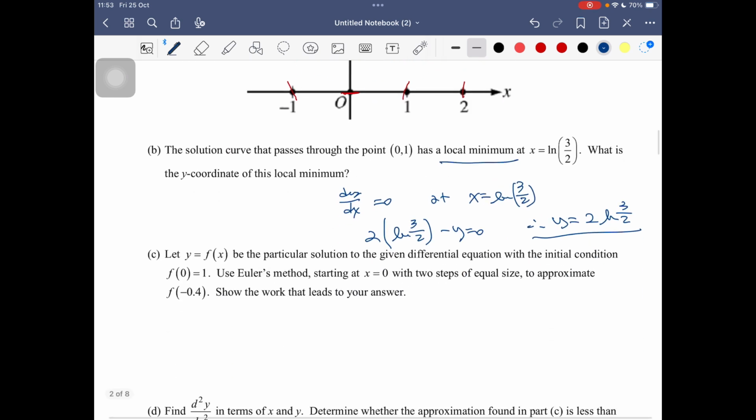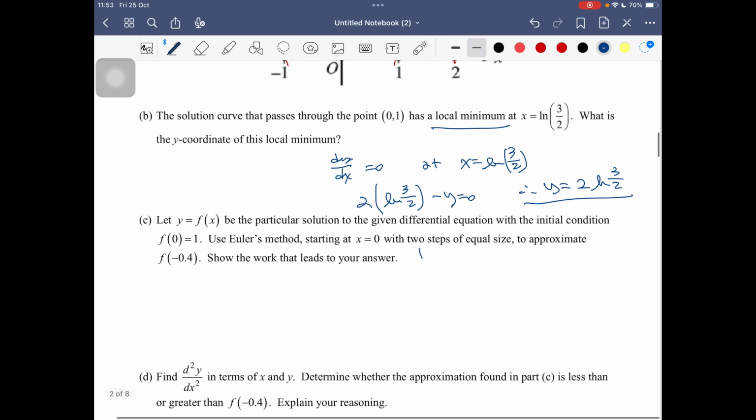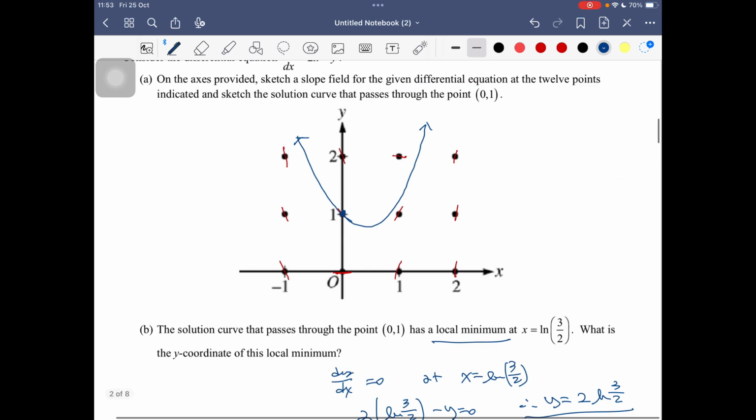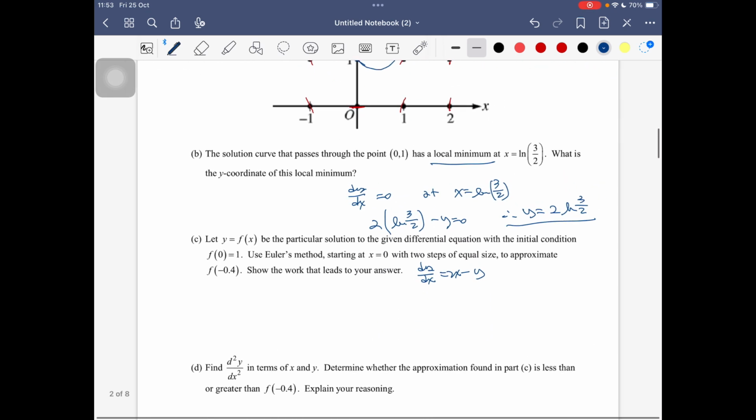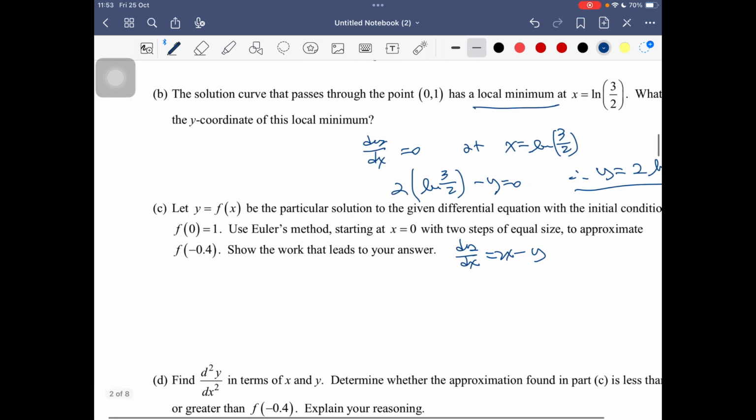And number C, the given differential equation is, let me write it down, 2x minus y. The initial condition is (0, 1), and we want to go to x equals negative 0.4.